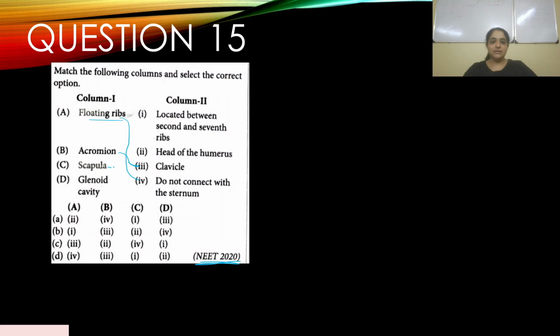Scapula is located between the second and the seventh rib. Glenoid cavity attaches to the head of the humerus. So your answer is A4, B3, C1, and D2. So the answer is B. Let's go to the discussion.